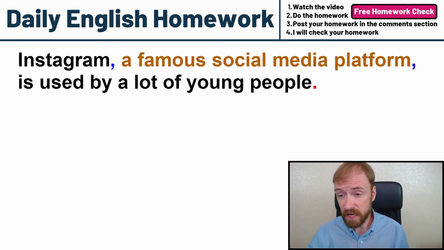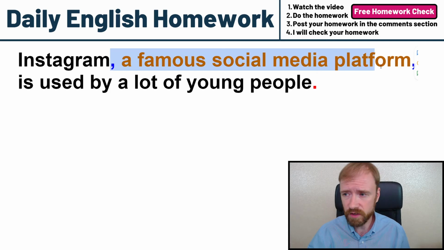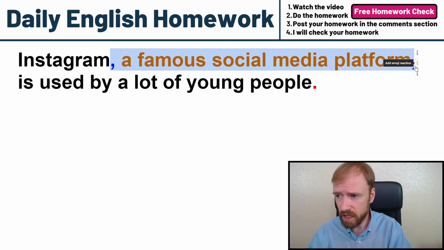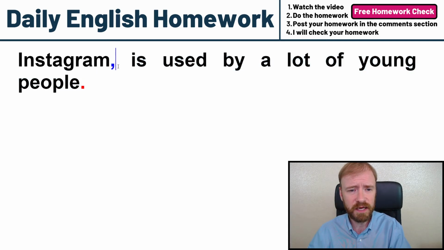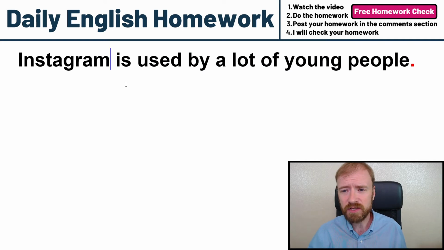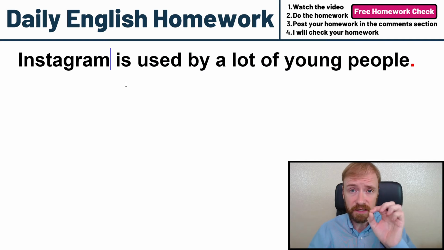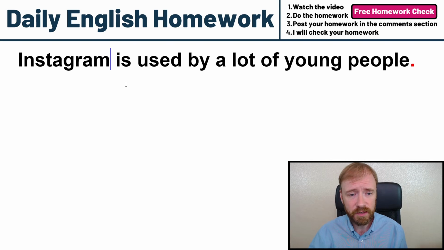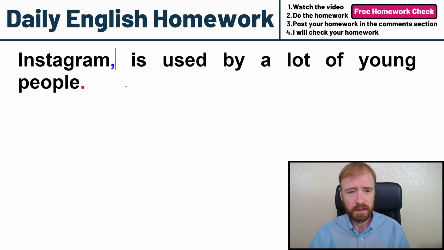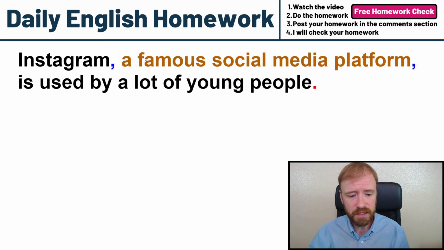Instagram, a famous social media platform, is used by a lot of young people. So again, I'm inserting this information. If I take it out, does the sentence still make sense? Instagram is used by a lot of young people. That is still a sentence that makes sense grammatically. So I did this correctly.